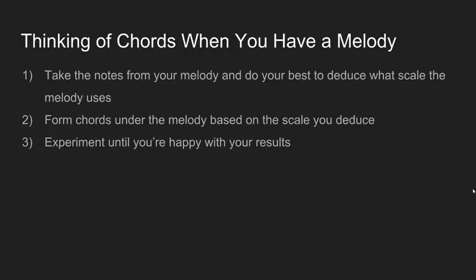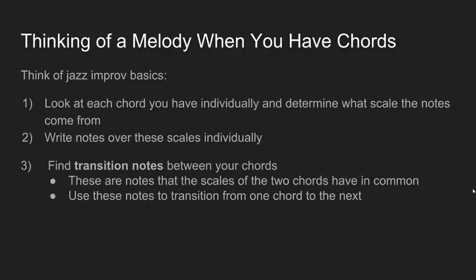And then I feel like this is more helpful advice. If you have chords and you don't know what to put as a melody, what I would suggest is to think of jazz improv basics. Essentially, when you're playing jazz, one super helpful thing to know is what scale the chords in the chord changes fall under.